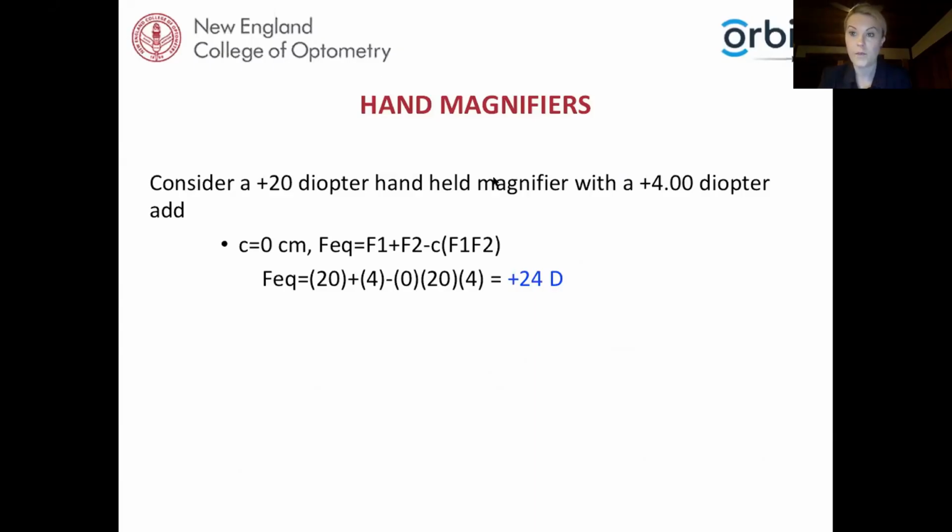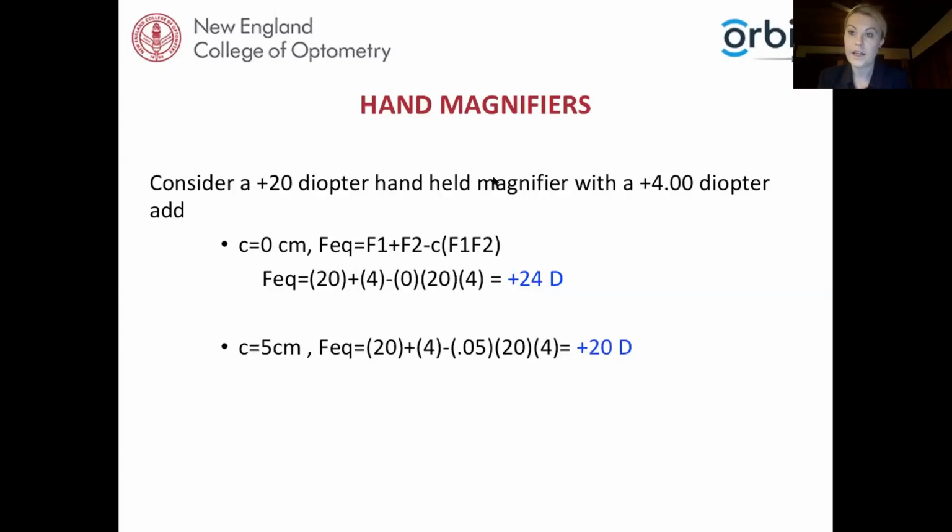So they're going to get a bit more. Whereas if they looked through the distance only portion of their glasses, in this scenario, they would only achieve the power of the hand magnifier, which is 20 diopters. So if we look through the bifocal and the separation between the hand magnifier and the glasses is 0, we'll get 24. If we look through the distance, we'll only get 20.